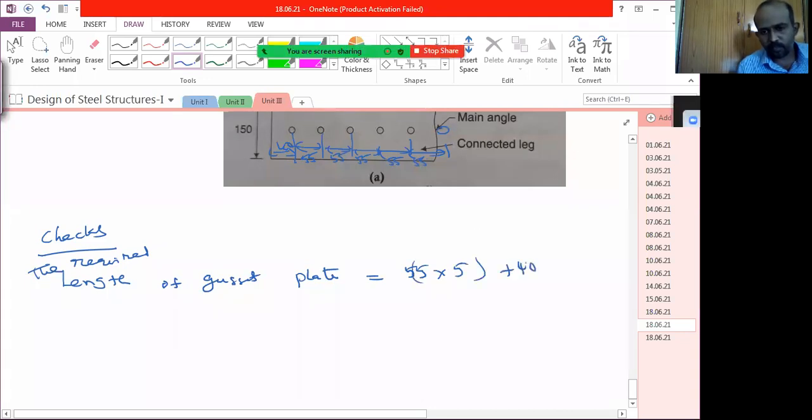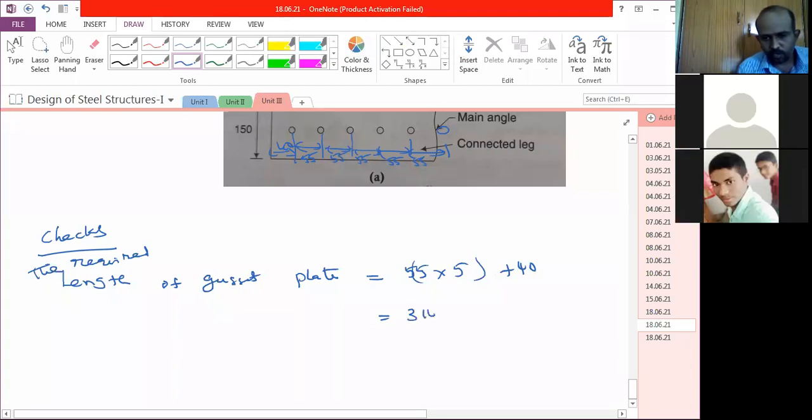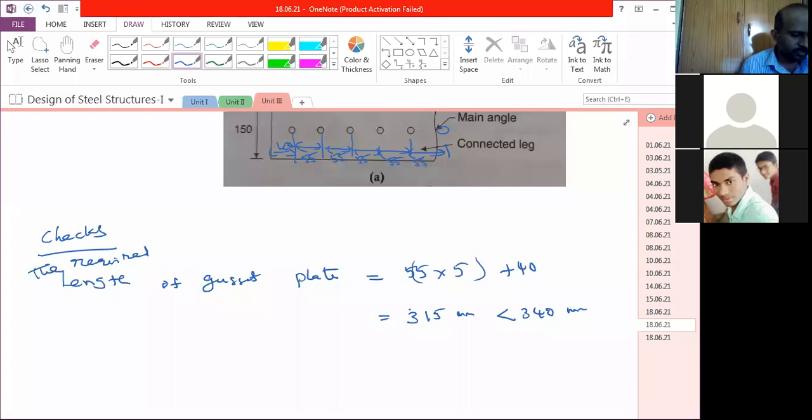How much is coming? 315. So 55 multiplied by 5 plus 40 is 315 mm. It is less than 340 mm.